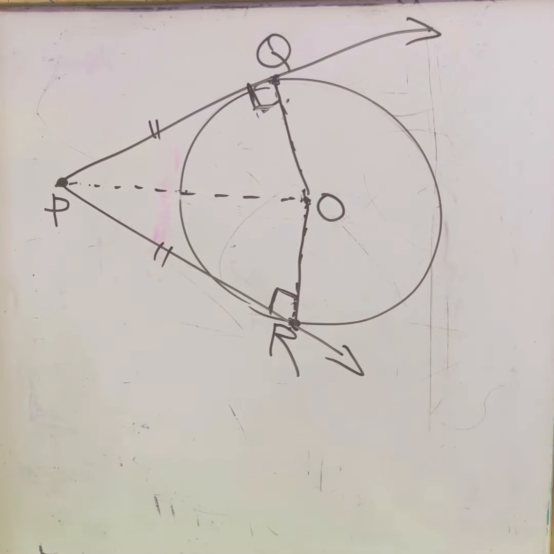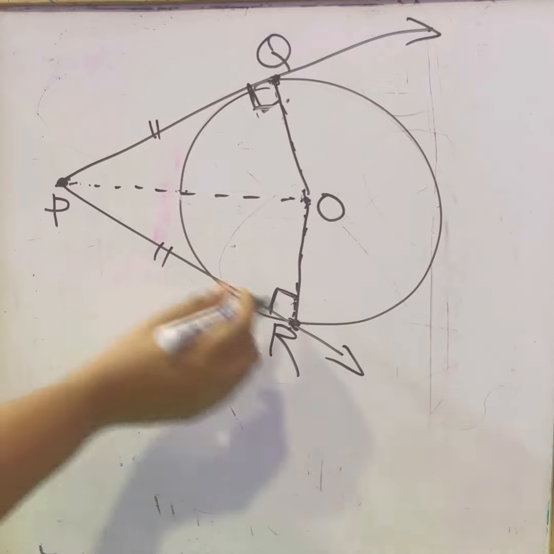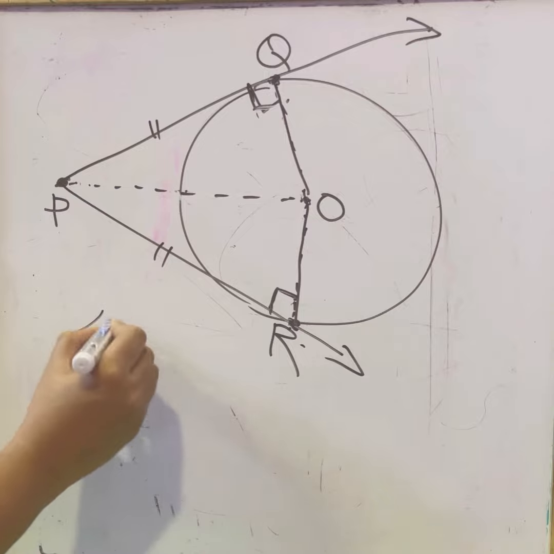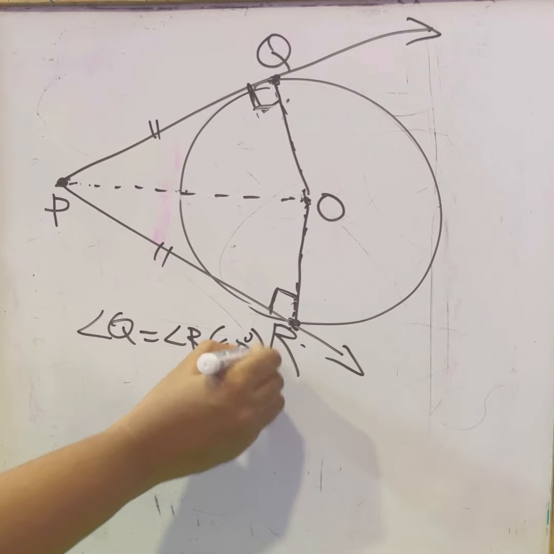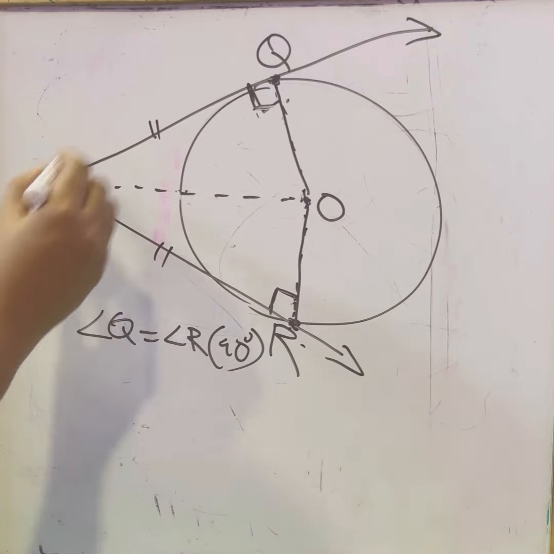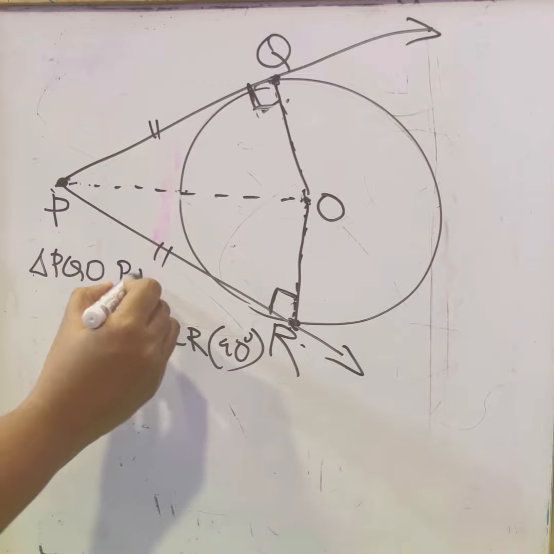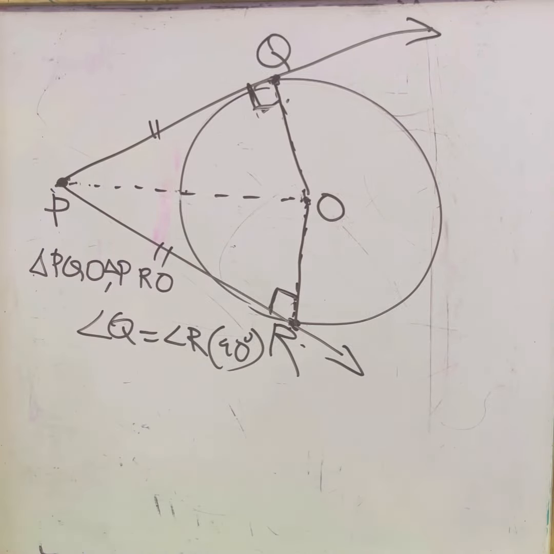So these two are right triangles. We have to prove PQ and PR are equal. For that we consider angle Q equal to angle R. Both are 90 degrees, in the right triangles PQO and PRO. From these two triangles we get angle Q and angle R are equal.